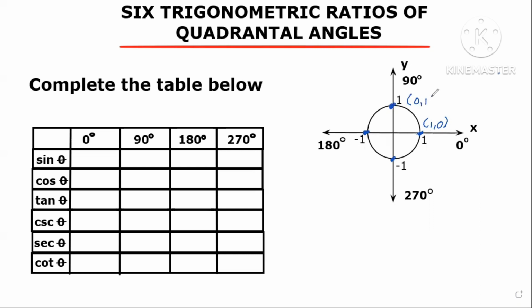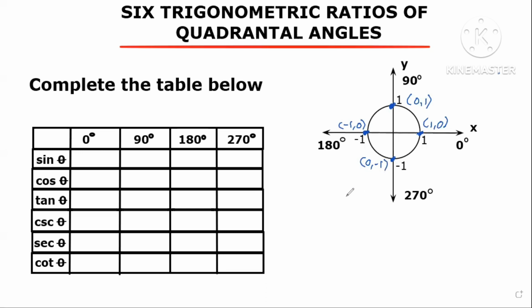Kasi 0 ang x natin dito at this point at 1 ang ating y. From this point naman, this is negative 1, 0, di ba? Negative 1 ang x, 0 ang y, and finally, this point has the coordinates 0, negative 1. O yan, basic po yan, ano? Yung pag-plot ng points sa coordinate system.